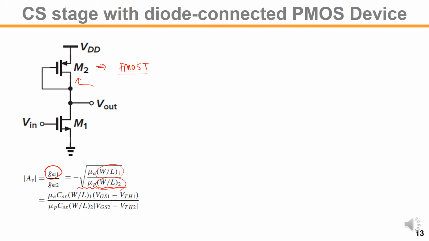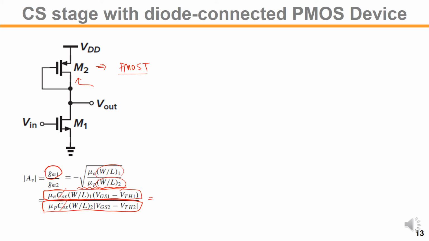If you use a different gm equation, for example gm equal to mu n Cox W over L times the overdrive voltage, then we get a different equation like this, where Cox cancels out.